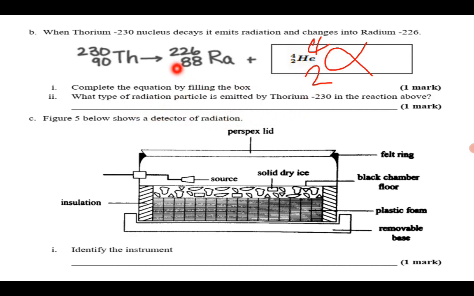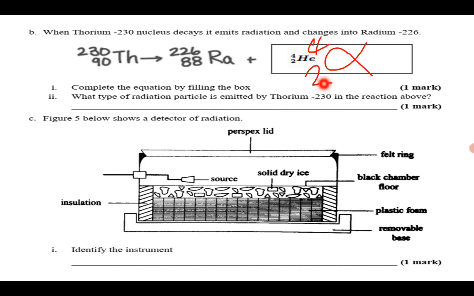How do we know that? When you subtract the numbers, 230 minus 226, the result is 4. And 90 minus 88, the result is 2. So this represents a nucleus of helium.